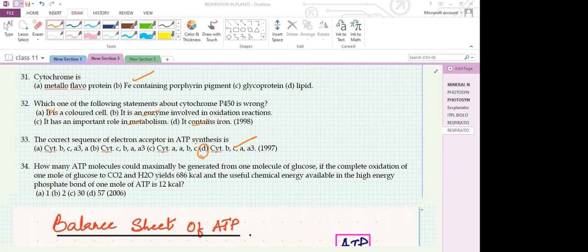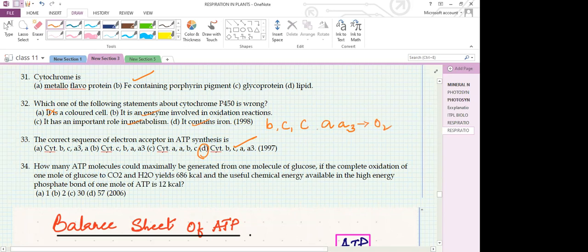Ubiquinone is the start, so it is b, c1, c, a, a3 actually. This is how it happens. A3 gives the electron finally to oxygen for the formation of water.